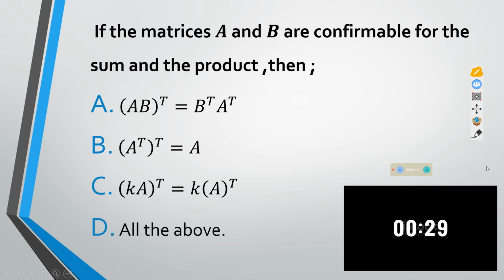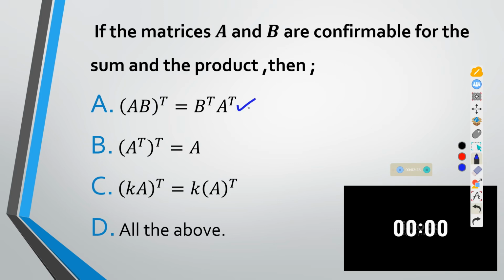You have 30 seconds to look at that question. So we are looking at the transpose of matrices, and we have that (AB) transpose is the same as B transpose times A transpose.